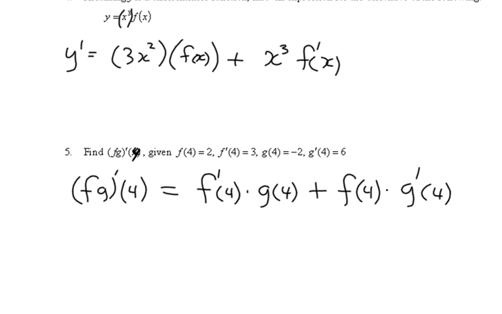So it's the same pattern, f prime g, f g prime, but now there's 4's in there instead. Did they give you all 4 of those in the information? Yes. So just sub them in, and you're done. Try it. It'll be fun.